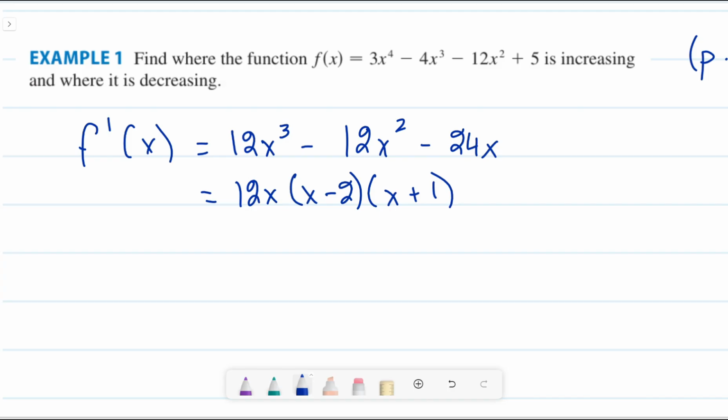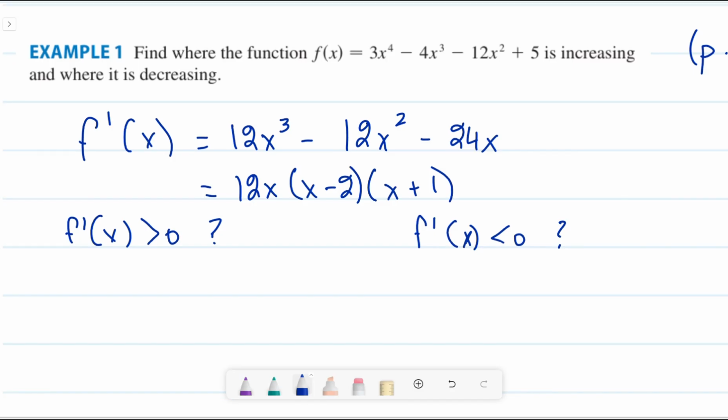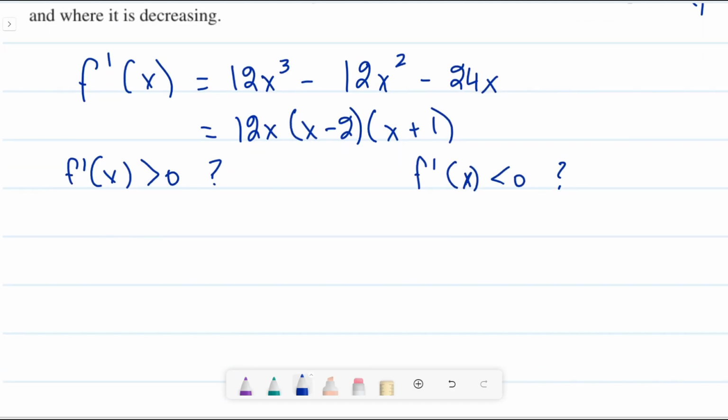Now, we would like to know when the function is increasing and when it is decreasing. So we want to know when f prime of x is greater than 0 and when f prime of x is less than 0. So, in order to do this, we will start by finding when f prime of x is equal to 0.